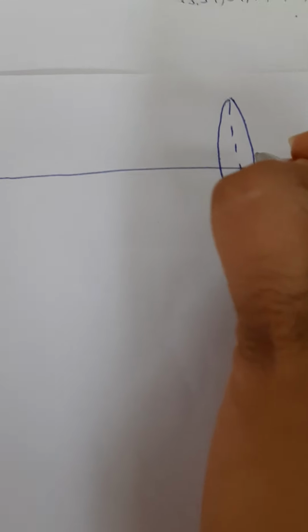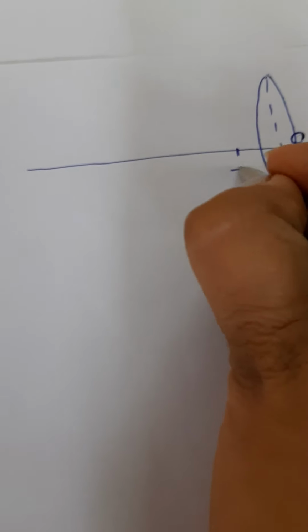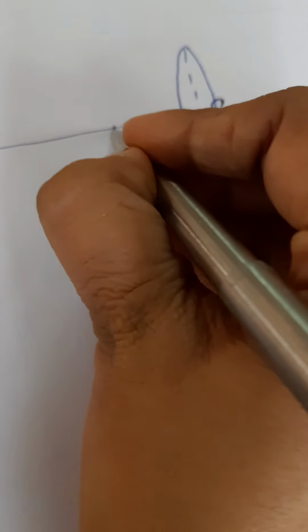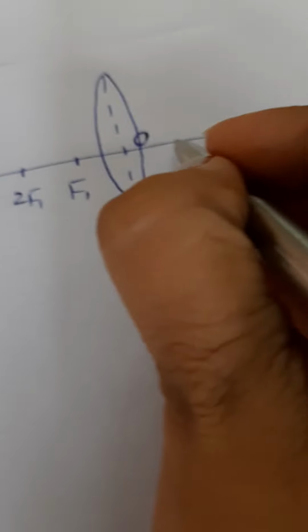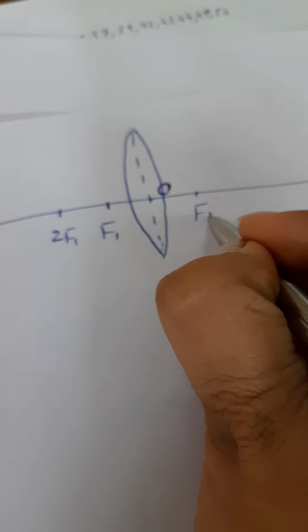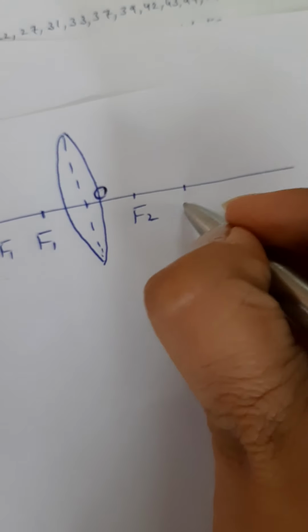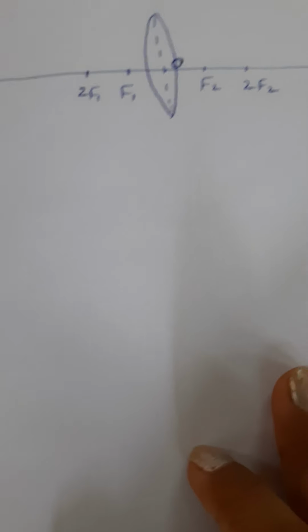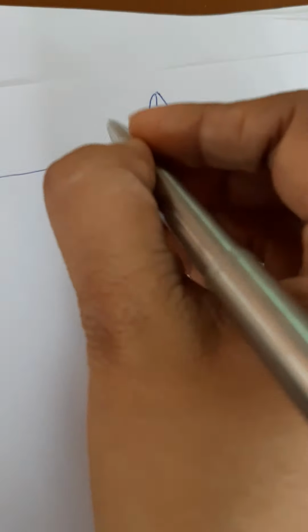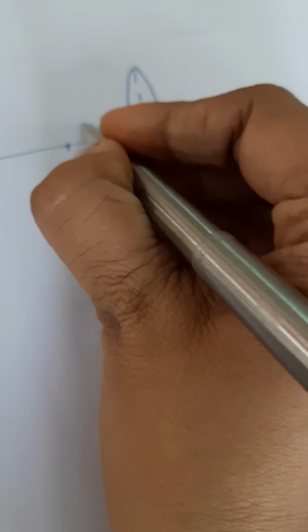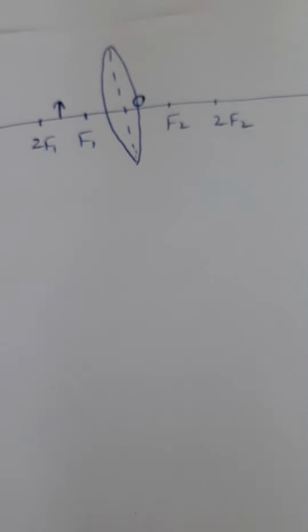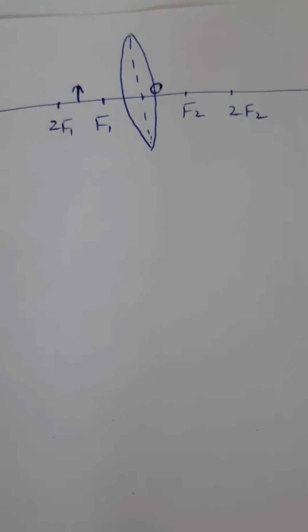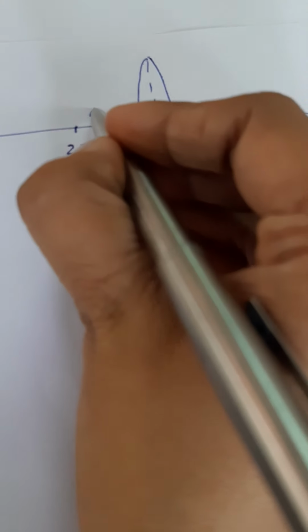Now the principal axis, optical center, F1, 2F1, F2 and 2F2. Now what will happen? Now we choose the position of the object between 2F1 and F1. Again the rules are the same.